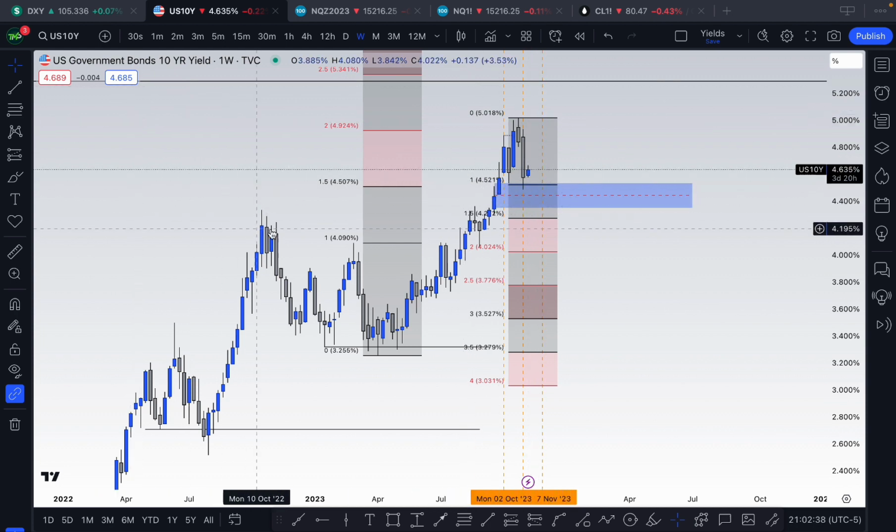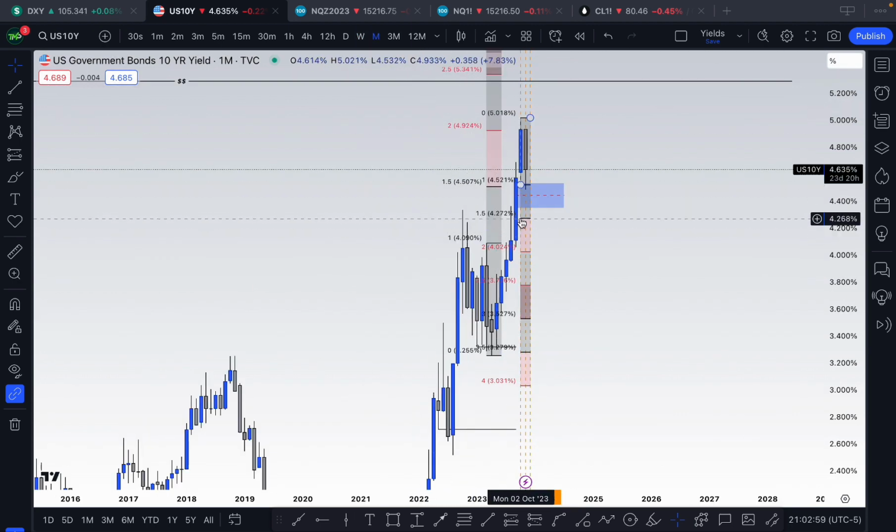The futures contract is going to move in the inverse of the yield. So if the yield's moving down, that futures contract is going to be moving up. So if the actual yield's going down, then that pricing is going to go up on that side. So we can see this, we have this monthly fair value gap.